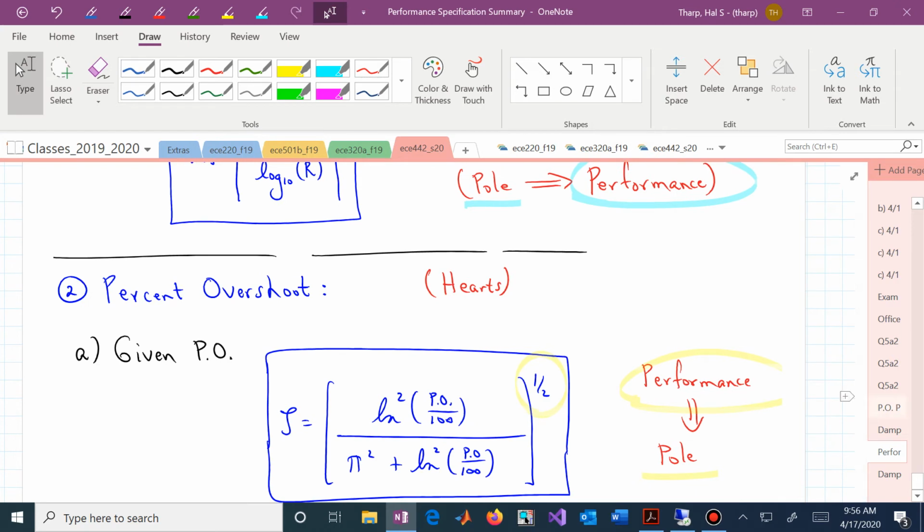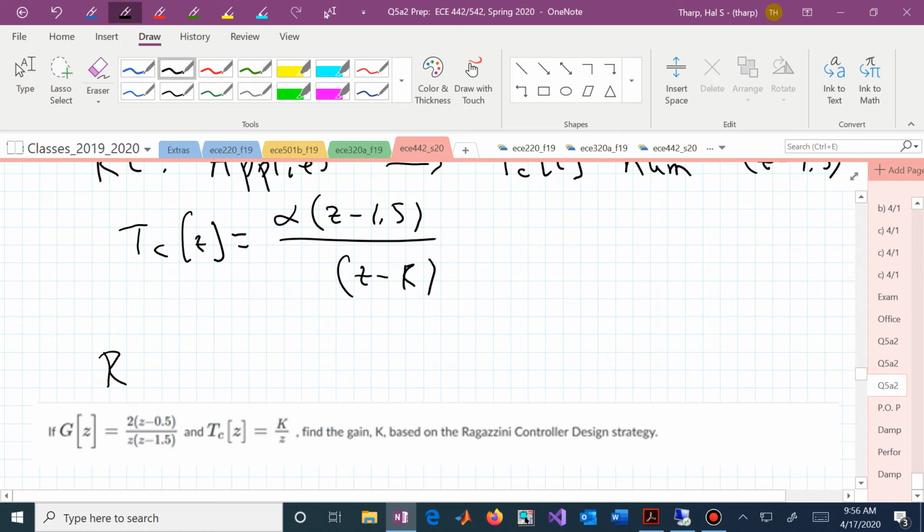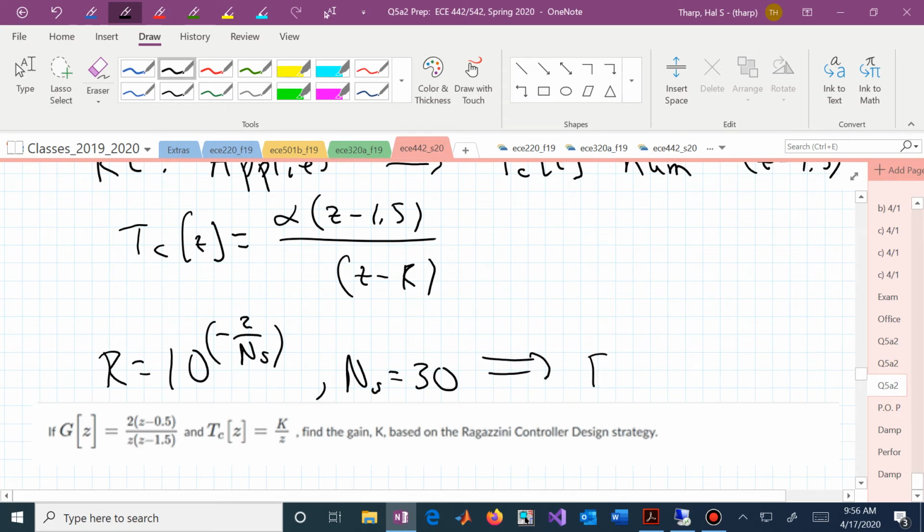So now we can go back here and we can say, oh, we're getting close to what R needs to be in this denominator. R is 10 raised to the minus 2 over n sub s, where n sub s was 30, and that gives you an R value of 0.8577.